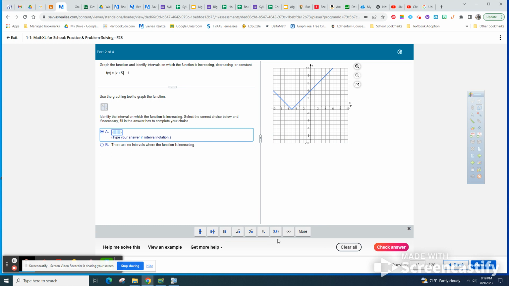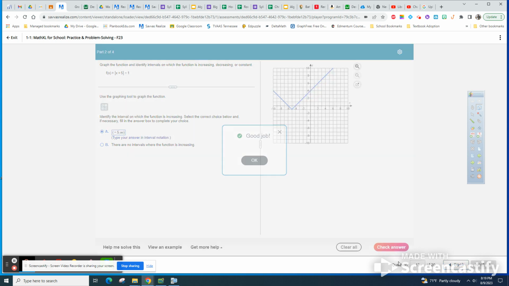So we're going to go, is this increasing? Increasing. So it's going to start at -5 and go positive. So -5, arrow past the comma, arrow into the box, positive infinity, check answer.